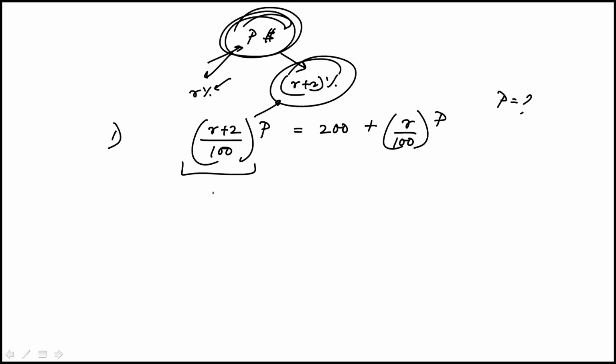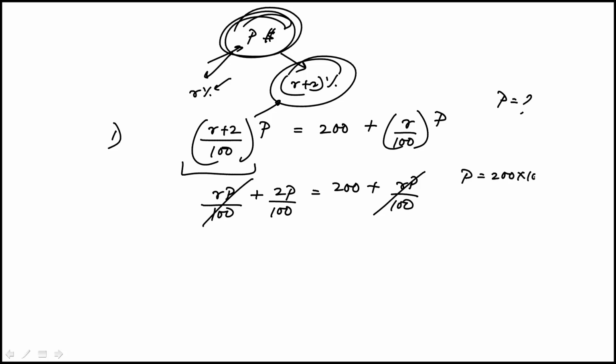So I'll do a little bit of a manipulation here, distribute that RP and then 2P over 100. And you'll notice that that term drops out, and I'll get a unique value for P, which will be 10,000.